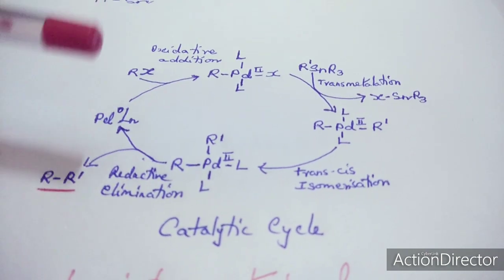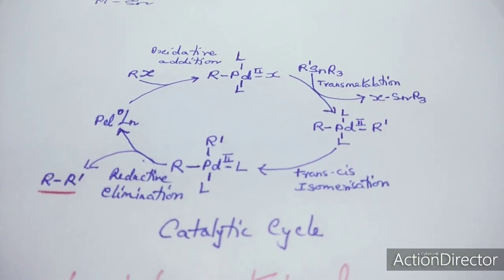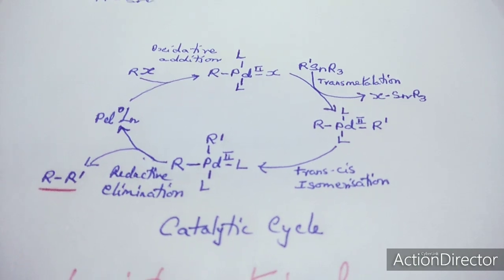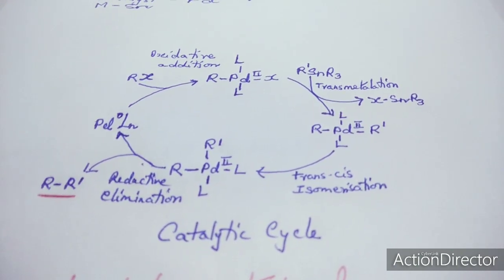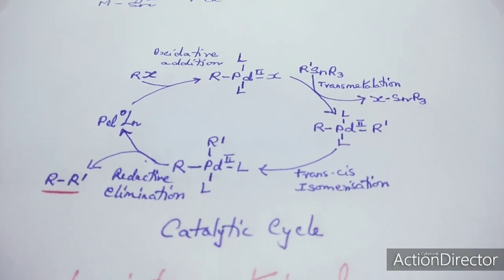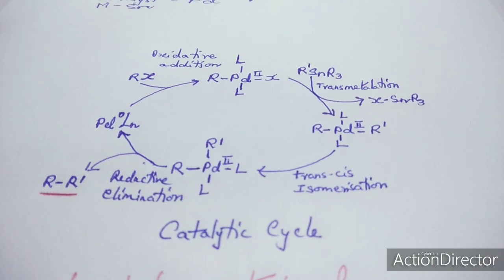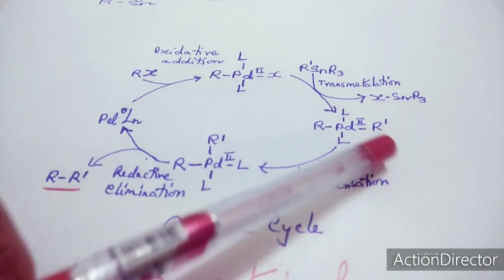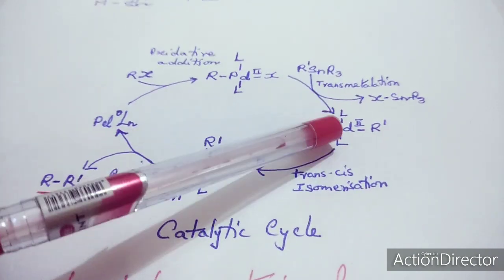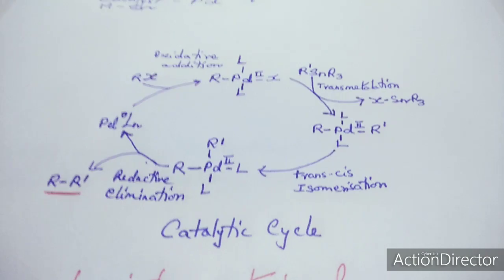So R1 will be transferred, as can be seen over here, and we get this R and R1 attached to the palladium. Why? Because X leaves with tin, and in place of that we get R1.